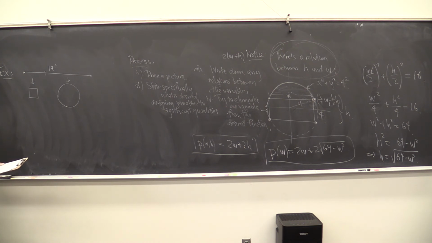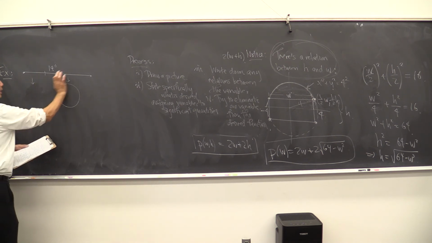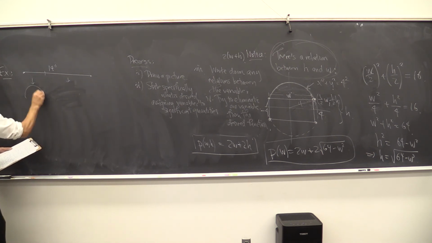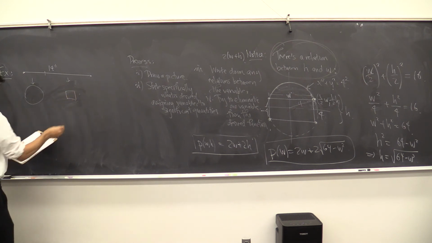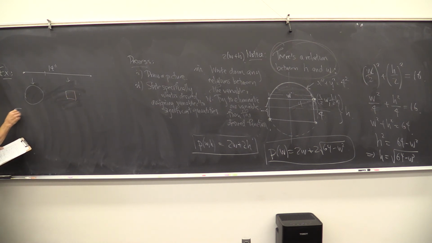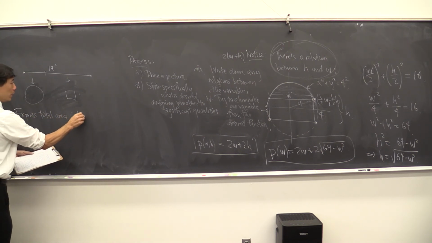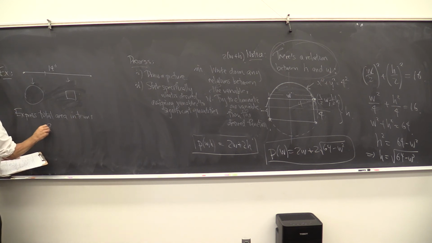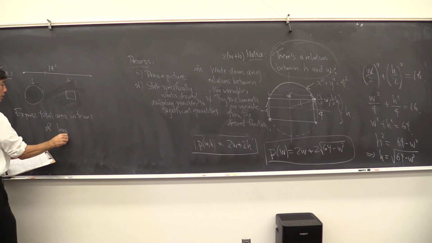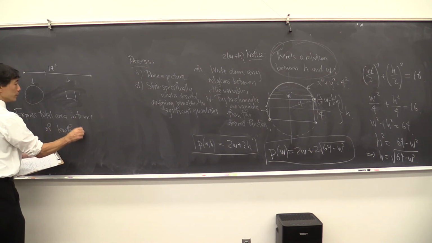And actually, let me do it the opposite way. So this one on the left becomes a circle, this one on the right becomes a square. And I want you to express the total area in terms of the length used for the circle.